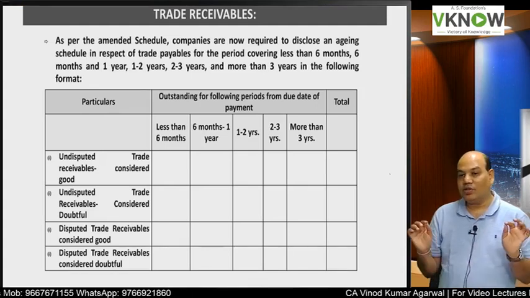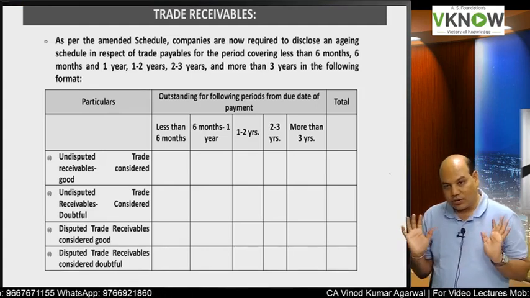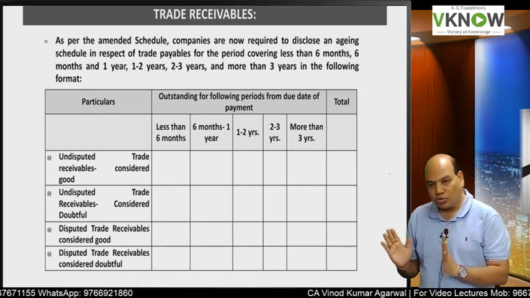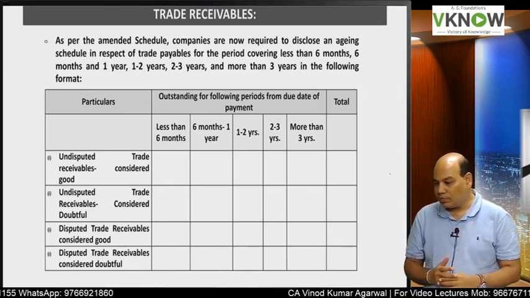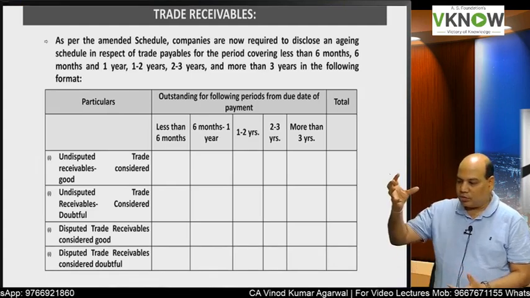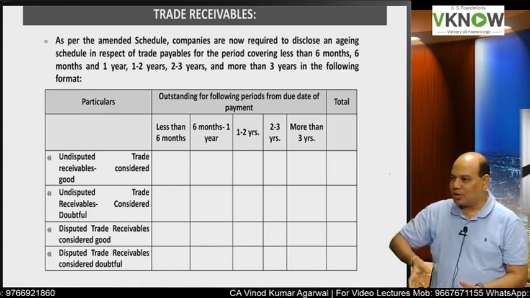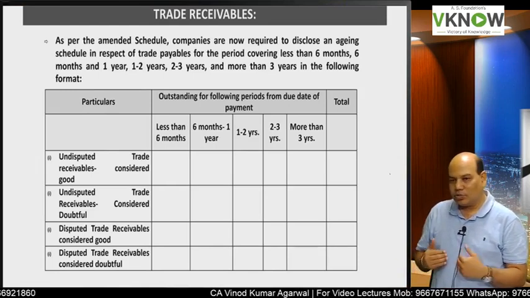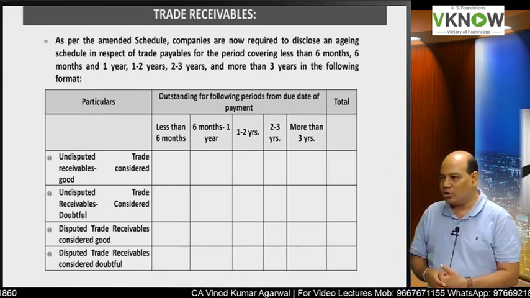See the ageing schedule here: less than 6 months, 6 months to 1 year, 1 to 2 years, 2 to 3 years, more than 3 years. If you find you have a lot of items in 2 to 3 years and more than 3 years, it means your debtors are actually not paying.